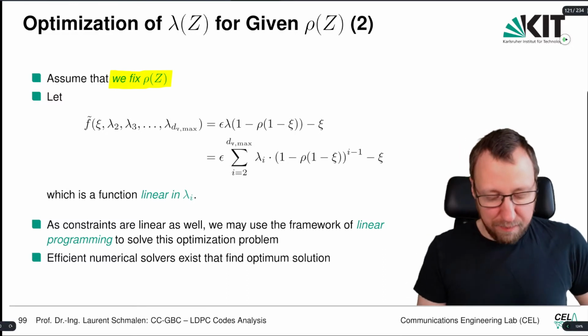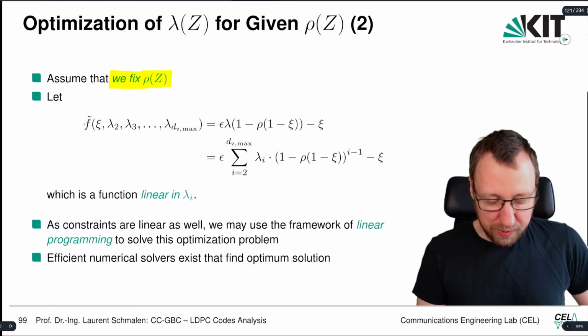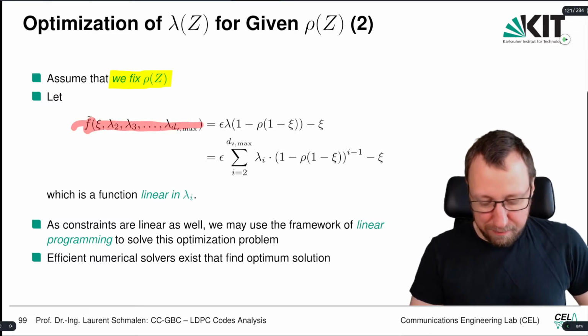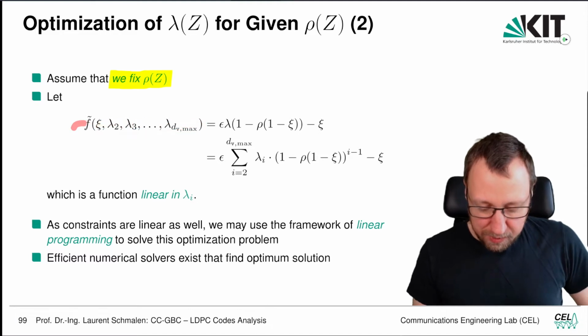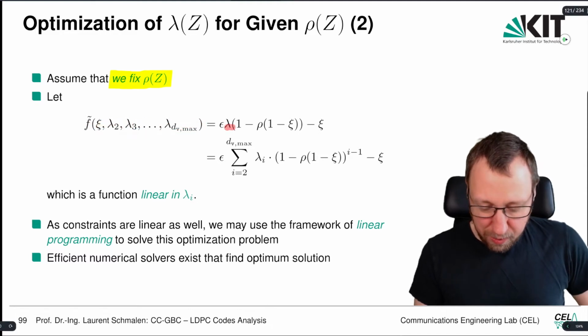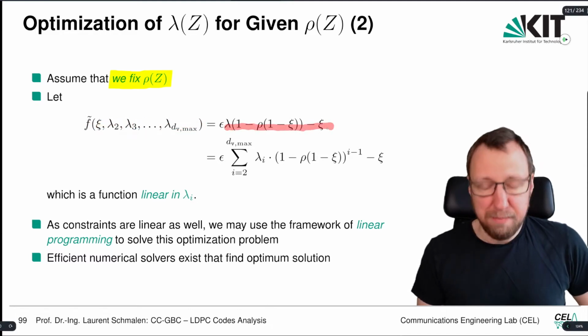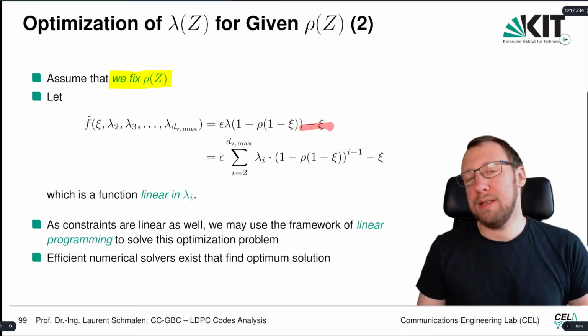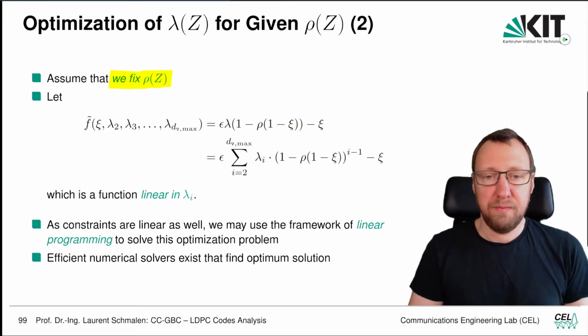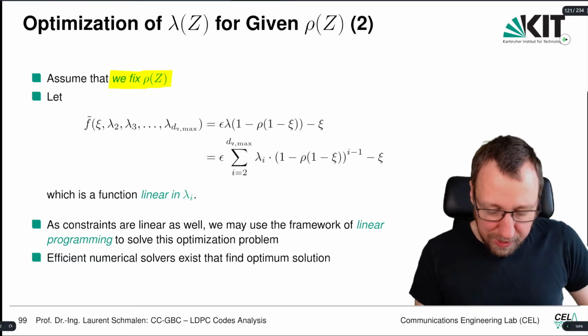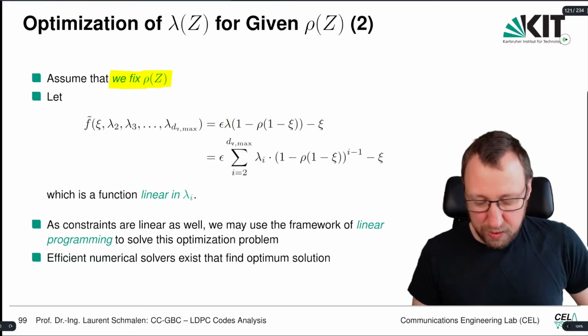So we have this fixed point condition of epsilon and lambda. So this is epsilon times lambda of 1 minus rho of 1 minus xi, and we need this to be larger or equal than 0. And we now insert the evaluation of lambda.